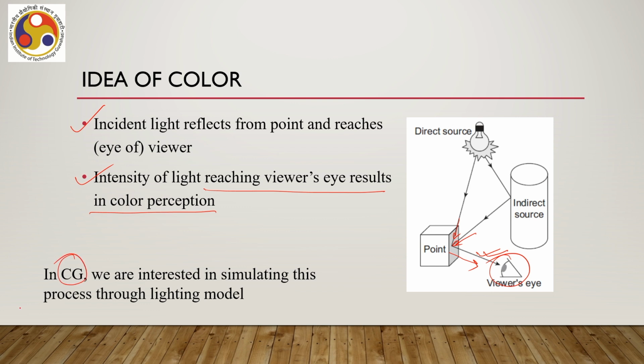Now, in computer graphics, we are interested in simulating this process through the lighting model. So, to compute the intensity of this reflected light, essentially the color of the surface point from where the light is coming, we simulate the process using the lighting model in computer graphics.